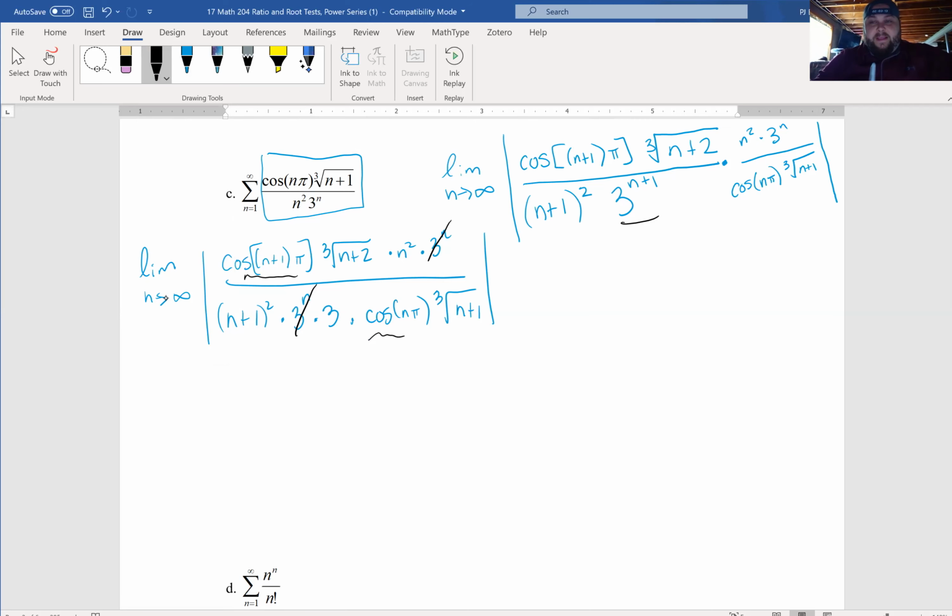So cosine n pi is alternating, and so is cosine n plus 1 pi. So any alternating term, when you take the absolute value, becomes what? Doesn't it just get rid of it? So it becomes 1, basically.